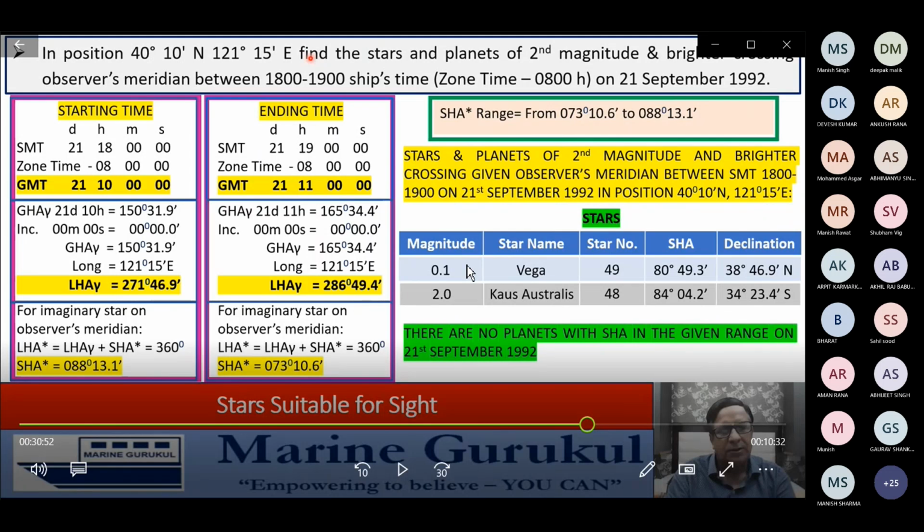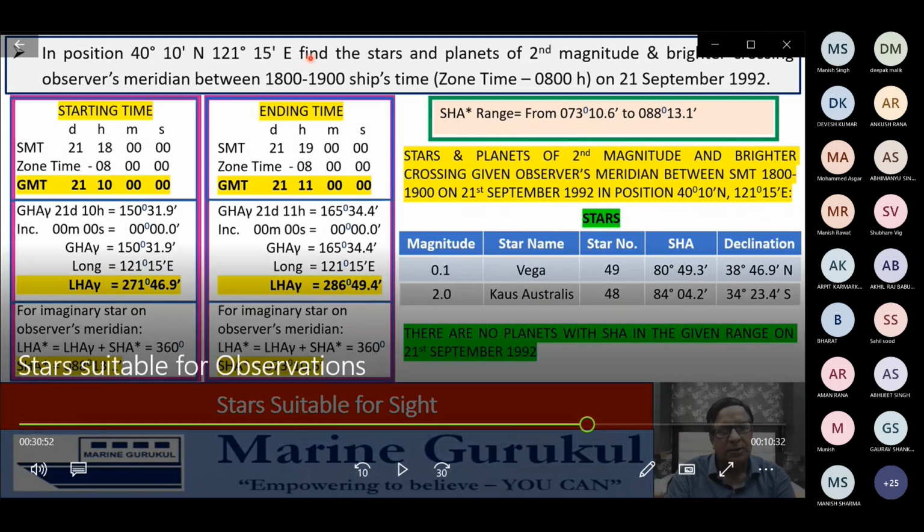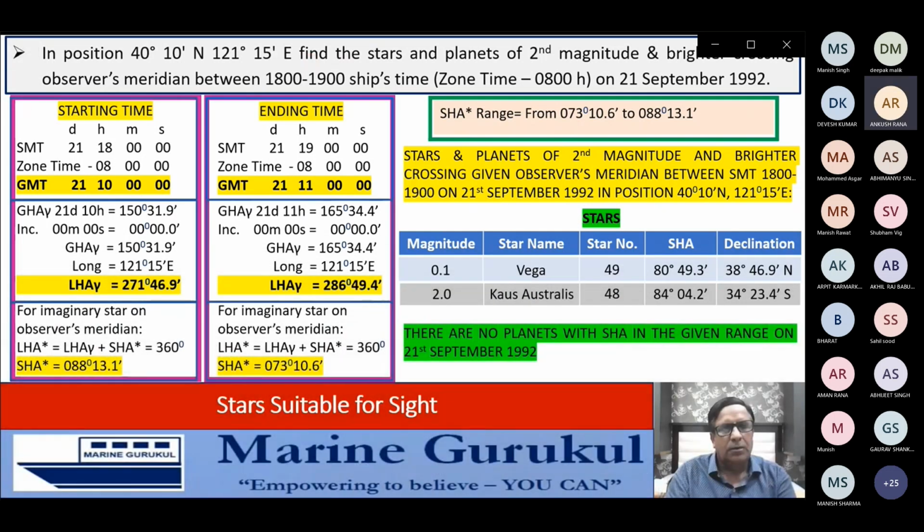Okay, so let's proceed ahead then. Now, we have already calculated the stars, whether they are going to be visible or not, whether they are going to be suitable for sight or not, or whether they are going to be suitable for ex-meridian limits or method or not. I think we have to execute the respective step further if we have to assess them for any other parameter which we have learned, be it their visibility, be it suitability for sight in general, or be it their suitability for ex-meridian observation.